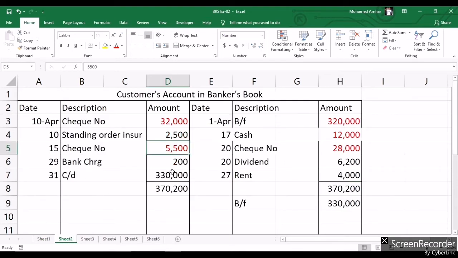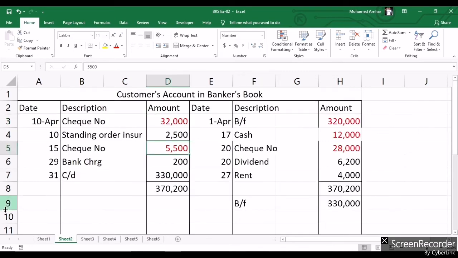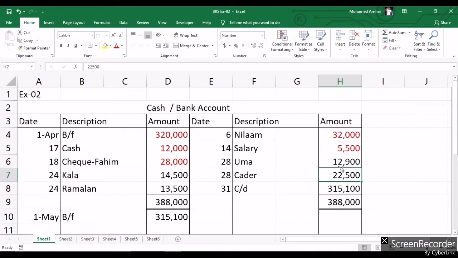That also we can't find here, so that is also a difference. So that is 22,500 unpresented check. Right. Now okay, now in the credit side there are two amounts that are not in the banker's account. So these are the two differences we found.